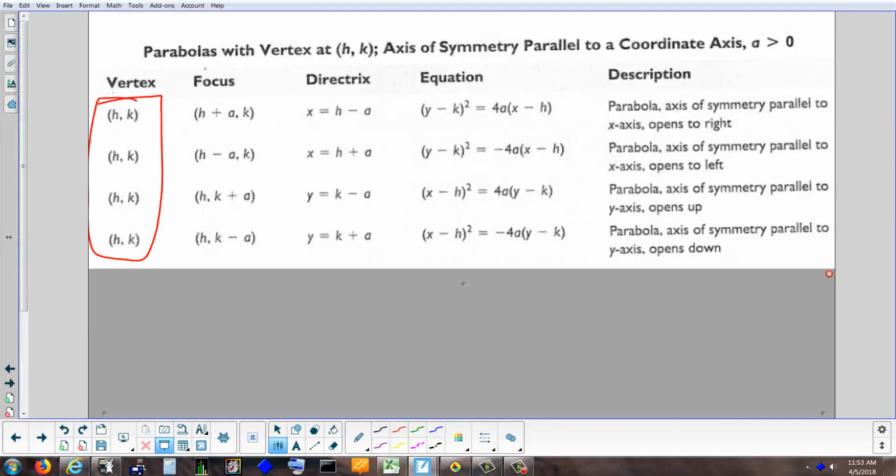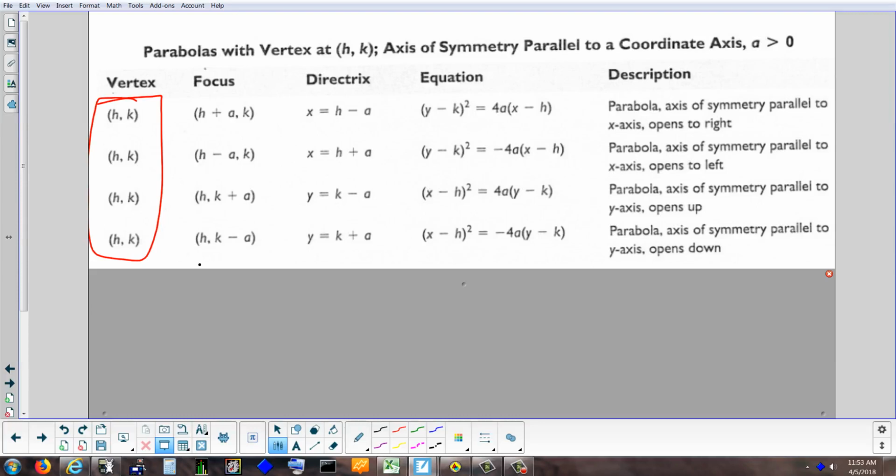But you use this table exactly the same way. H and K are going to be the coordinates of your vertex. There's the formula for the directrix. You don't even have to think about it. It's all right there. This is the formula for the focus. And here's your equation, basically like you had before.